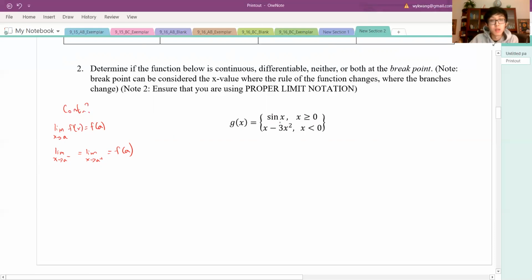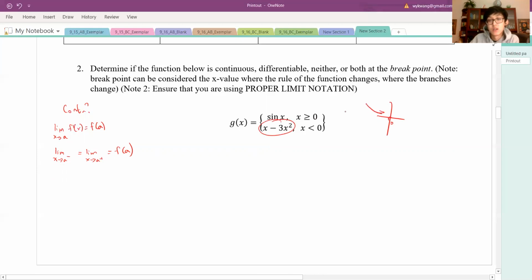So we plug in 0 into sine of x. Oh, wait, actually, that's my bad. From the left, we have to be careful. This is when x is less than 0. So from the left, here's where 0 is. From the left, that's when x is less than 0.